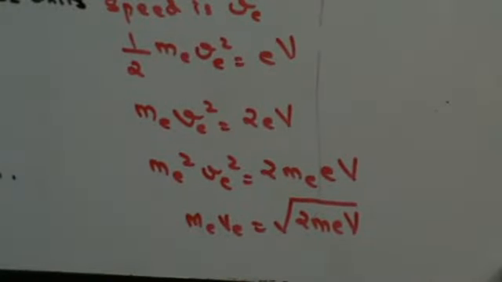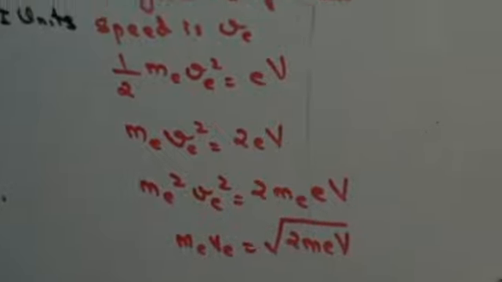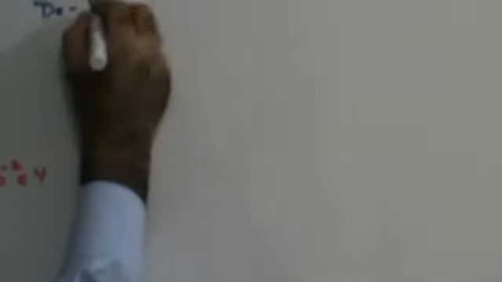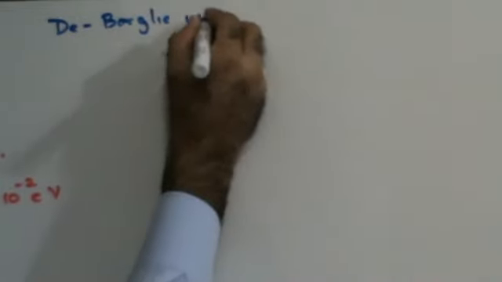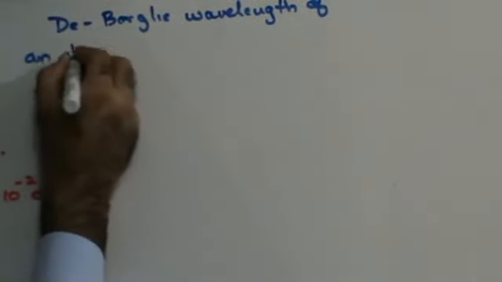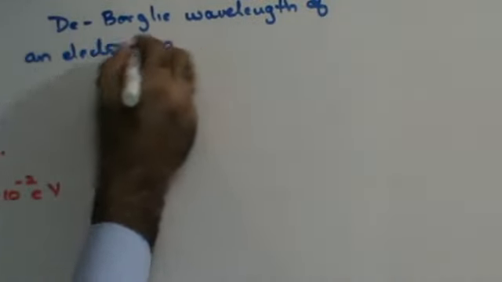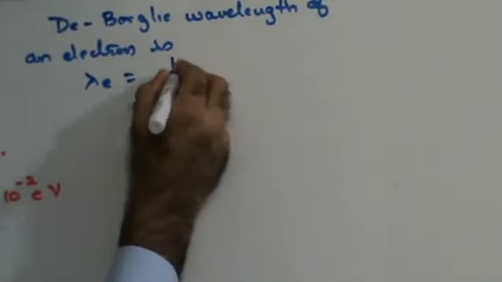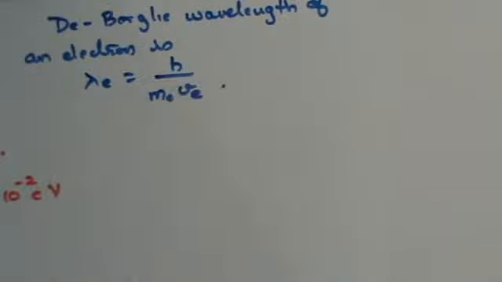Right? Now why did I do this? Because I know my de Broglie's wavelength. I can say that de Broglie's wavelength of an electron is lambda E equals h upon mass of the electron into velocity of the electron.